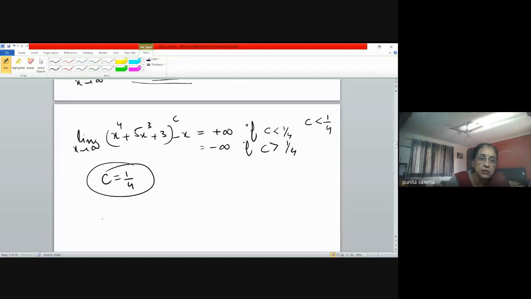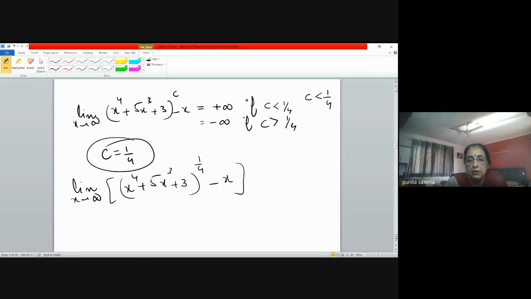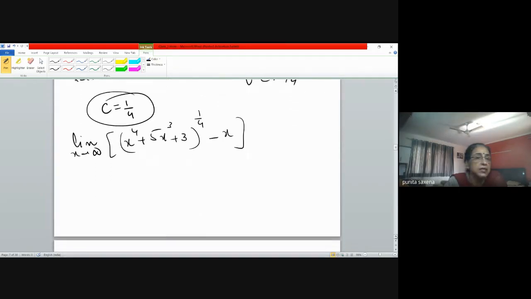So when c is equal to 1/4, your function actually takes the form x to the power 4 plus 5x cube plus 3 to the power 1/4 minus x. Now it becomes an infinity minus infinity form again.